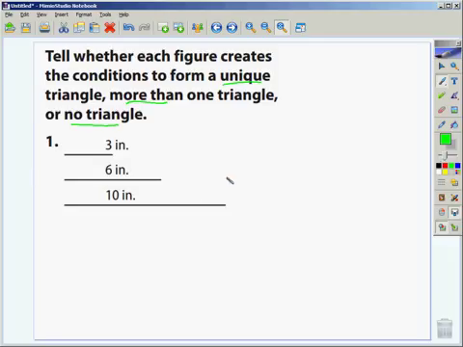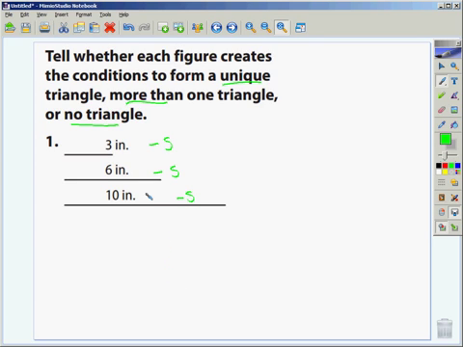That's what they're asking. So it's one of three choices. It's either going to create a unique triangle, a lot of triangles, or no triangle. Here they gave me a side measurement, and another side measurement, and another side measurement.